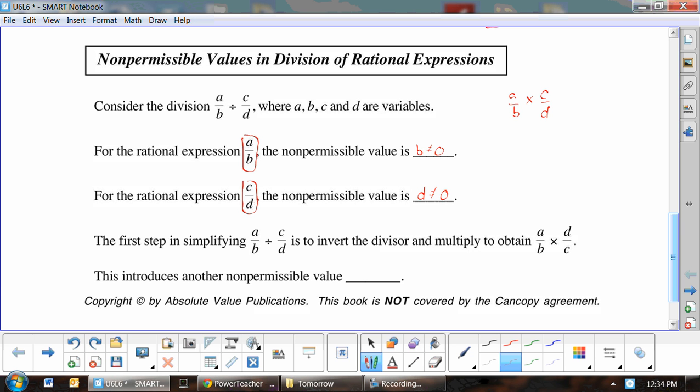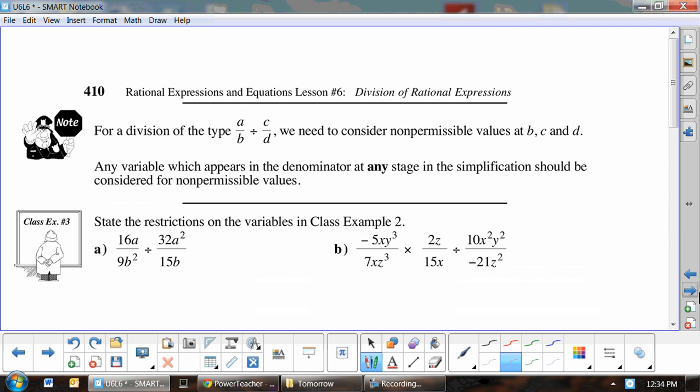But when they're divided, we have to deal with this as well, the reciprocal. So we also have that c cannot equal 0. So if you go to the next page, this is some quality study sheet material.